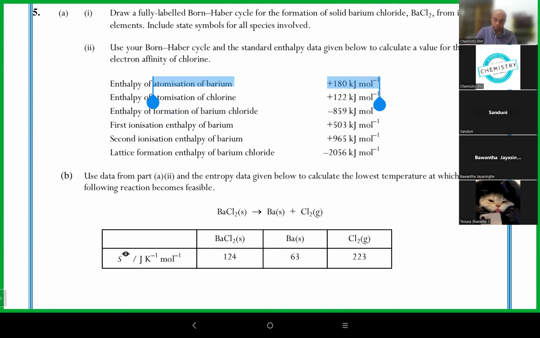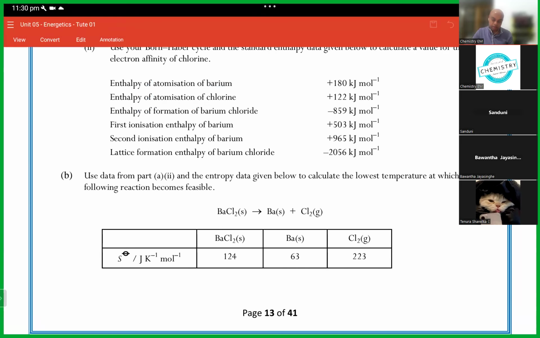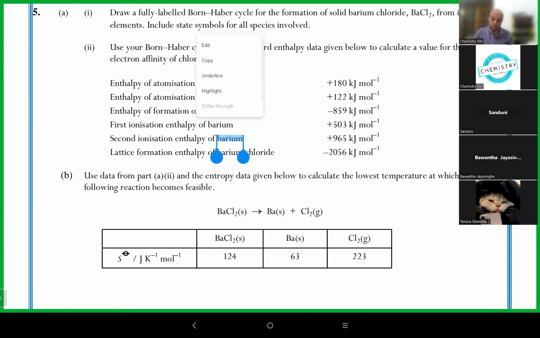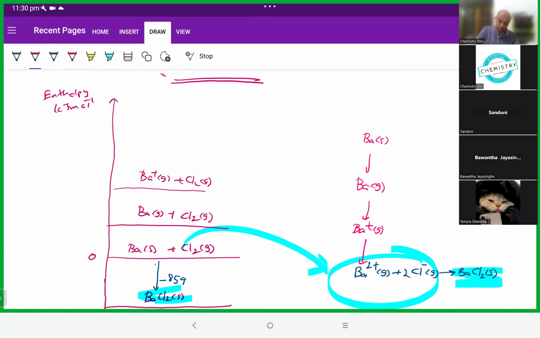This is a positive one, right? And first ionization, this one. This is also a positive one. Second ionization enthalpy, that is also a positive one. So it is going up. Positive means going up, negative down, those are going up, right? So this is going up to barium 2 plus.